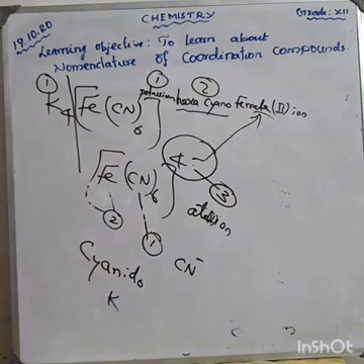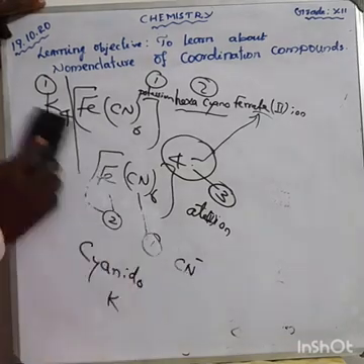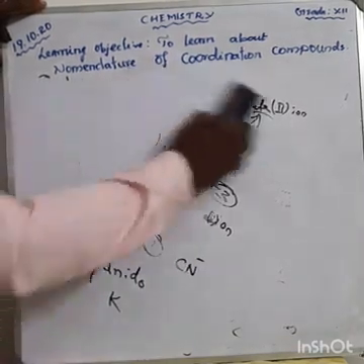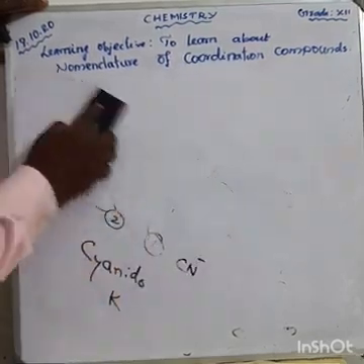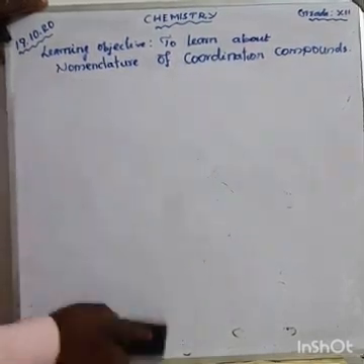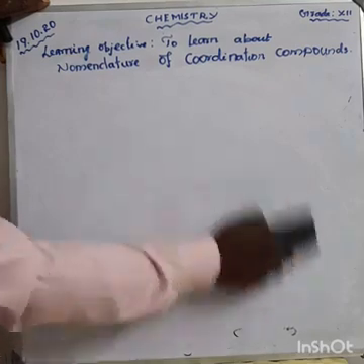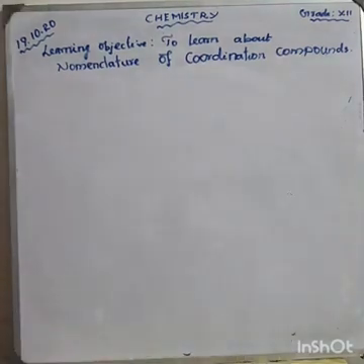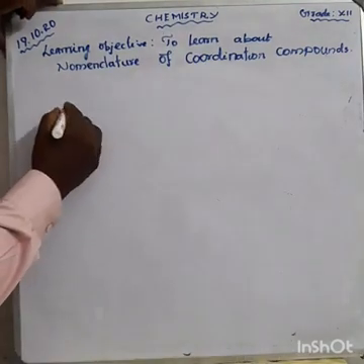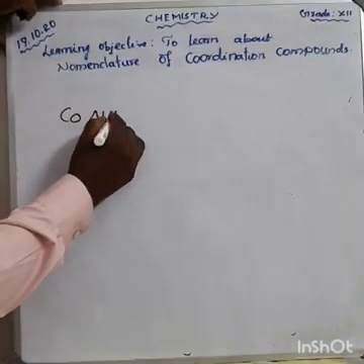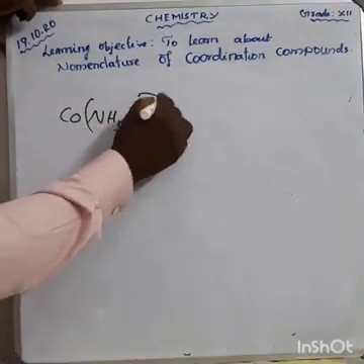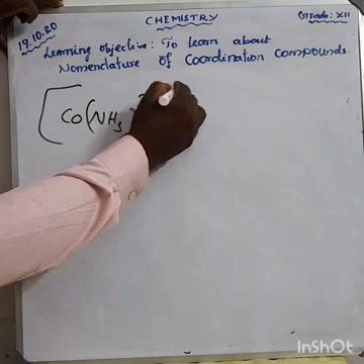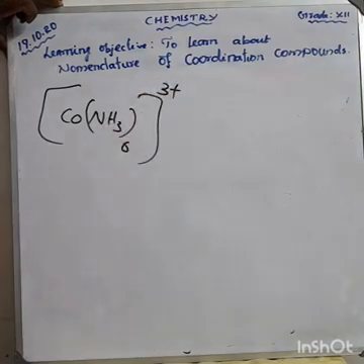That's the name. Next, one more example: how can you say the name? We use NH3, a neutral ligand, in [Co(NH3)6]3 plus. This is another complex.